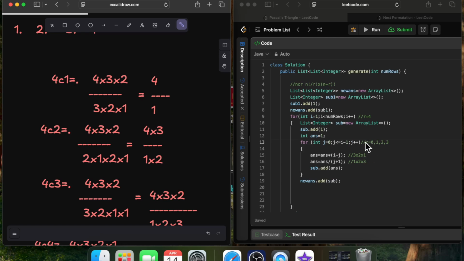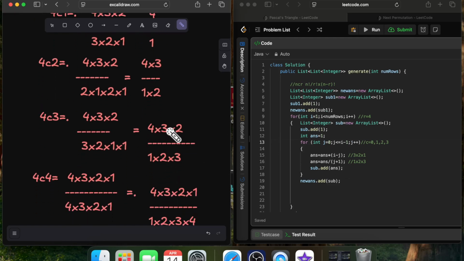After that, again I am doing it. Now my column will become 1, so r minus j, 4 minus 1, will be 3, and j plus 1 will be 1 plus 1, it will become 2. So again 3 by 2, I am multiplying by 3 and dividing by 2, with this answer. Same here also goes, 4 3 over 1 2, and my answer will be stored up to here.